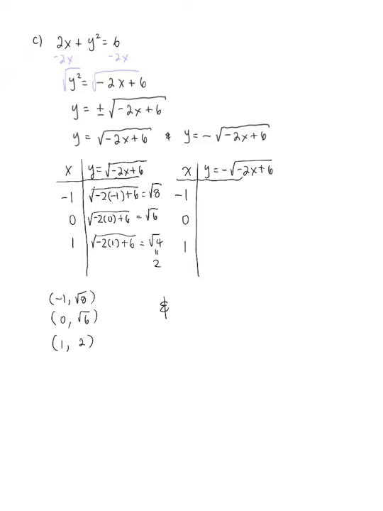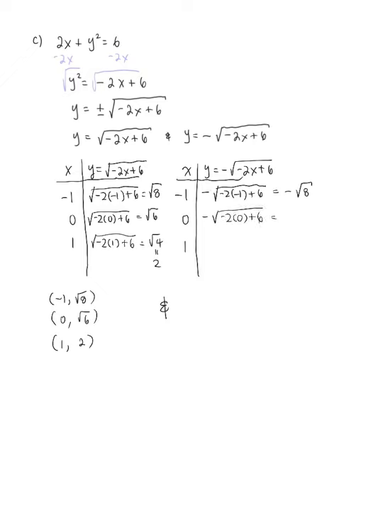Okay, and we also have to take care of the negative side. So let's do it. So when x is negative 1, your y is going to be negative square root of negative 2 times negative 1 plus 6. All right, so in this case, what do we get? We're going to have a negative square root of 2 plus 6, which is going to be negative square root of 8. Now, when x is 0, you're going to have negative square root of negative 2 times 0 plus 6.